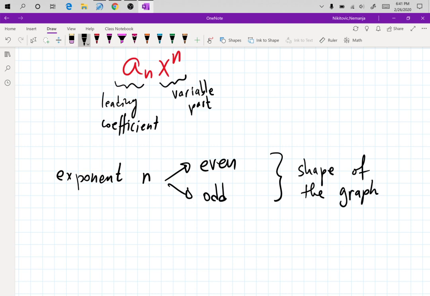We will have detailed examples and charts to see how this works. Right now, I'm just saying you can have a square, which is even. You can have cube, which is odd. You can have 7th power, that's odd. So just very simple, even or odd.